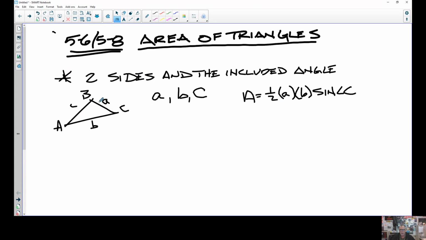Now, the other ways we could have this, we could have A and C. If I had sides A and C, the included angle would be B. Again, no pair. When we have an included angle, it's no pair. When they make a pair, remember, it's a non-included angle.